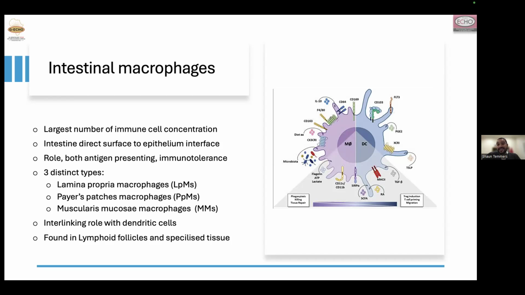Their role is both as antigen presenting cells, but also to allow for immune tolerance to some of the exposed antigens, whether from food particles or nutrient particles, or from biological particles from either bacteria or broken up particles from eukaryotic cells. They're found in lymphoid follicles, specialized lymphoid tissue found in the distal part of the terminal ileum, and those follicles are referred to as Peyer's patches.